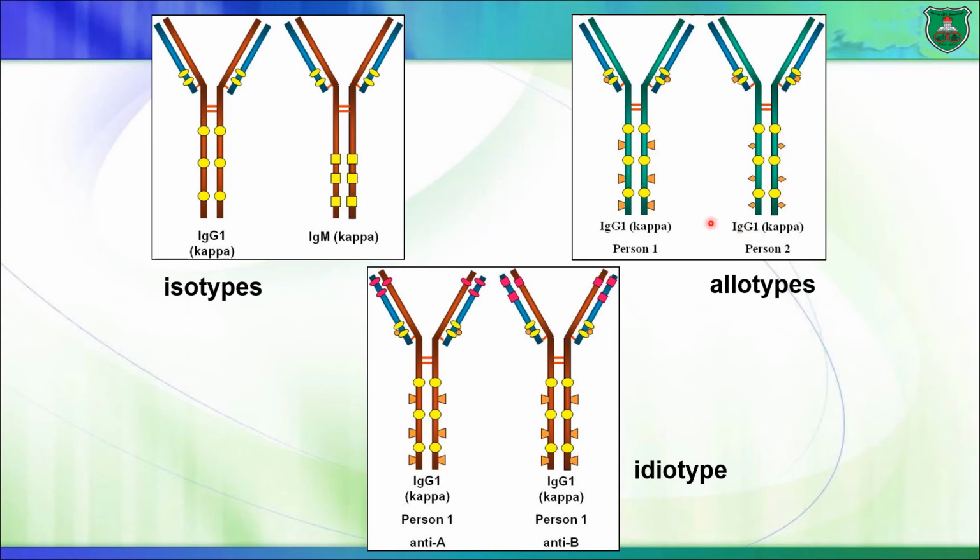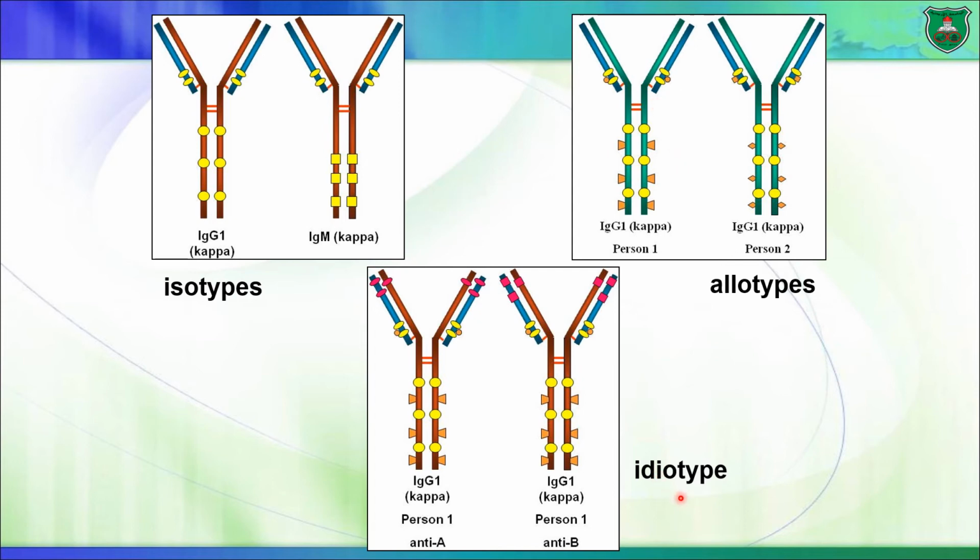But if you look closely, there are individual differences between these immunoglobulins. So there are differences in the primary structure of the immunoglobulin that may result from single nucleotide polymorphisms, little differences in DNA sequences among individuals. So even though they have the same exact constant region, the same type, there are little differences that can differentiate one person from another.